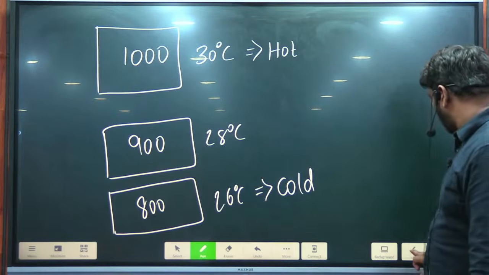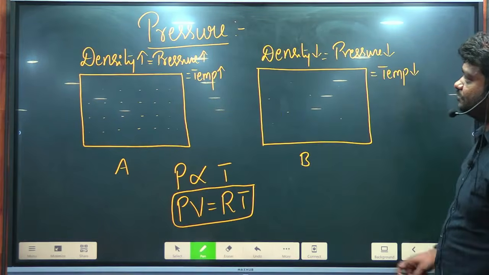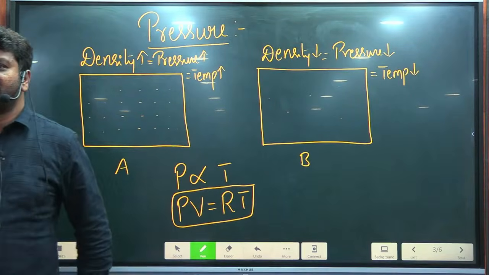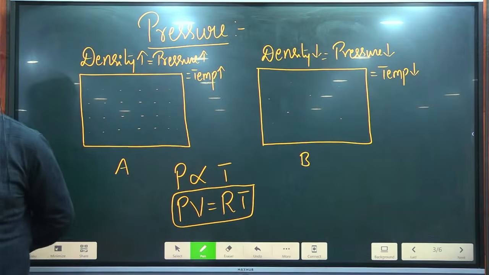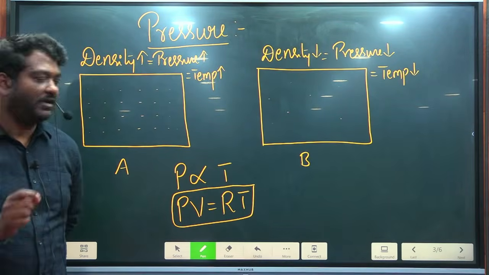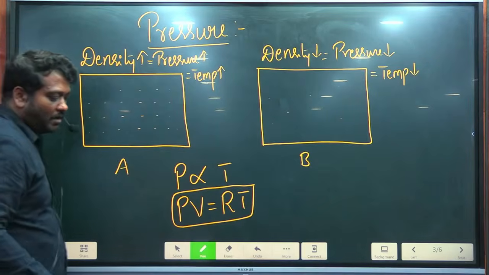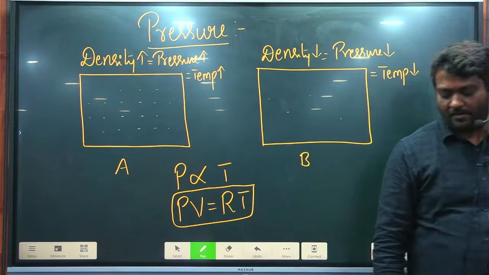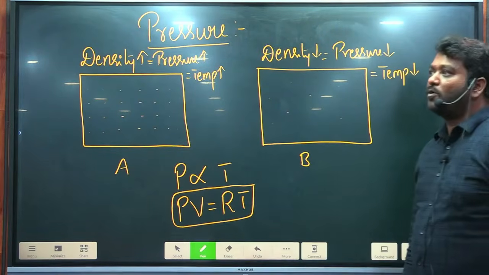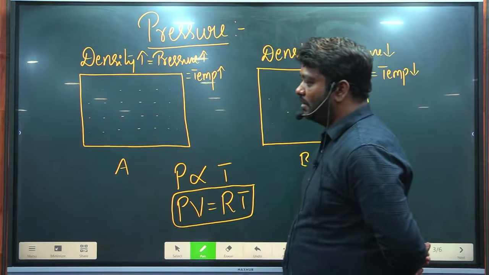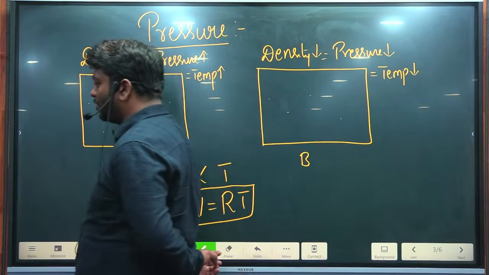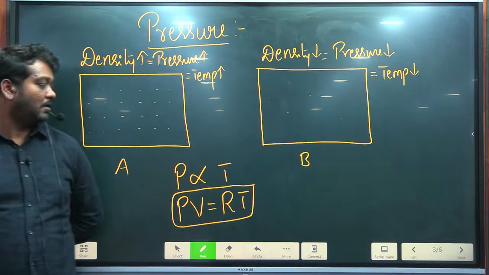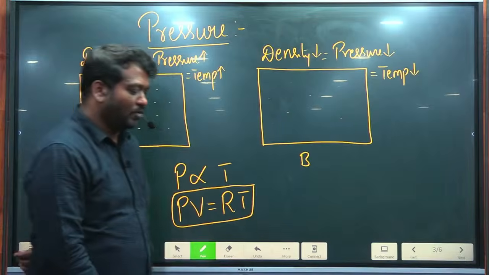Okay, so you write below pressure, below that. No need of definitions, guys. I'm not giving scientific things. I'm giving geographical aspects for you, right? You write below, whenever there are more particles, then density will be more.